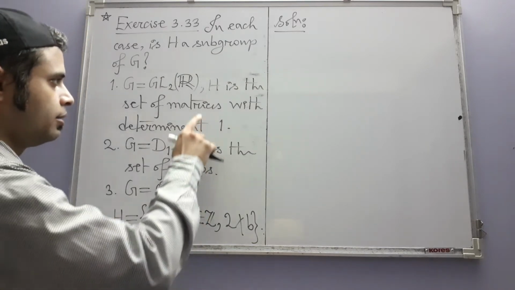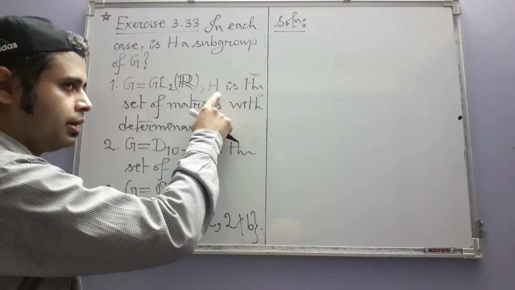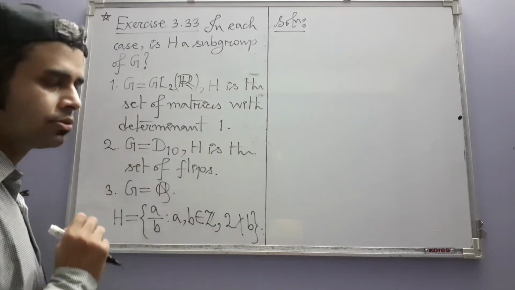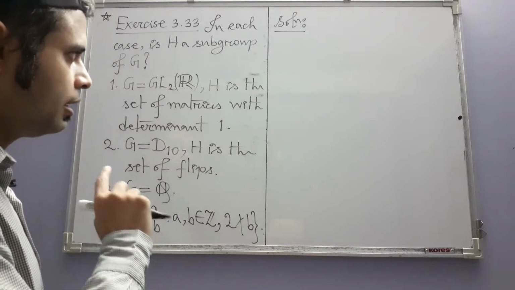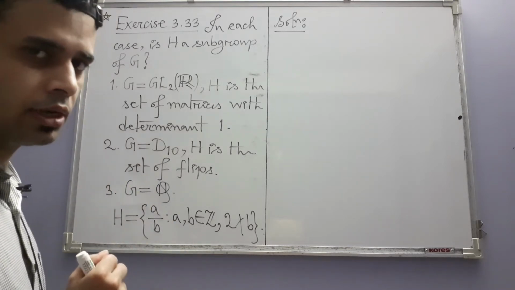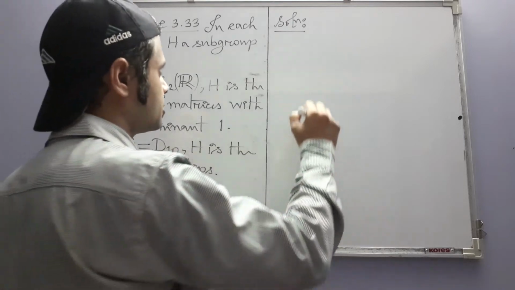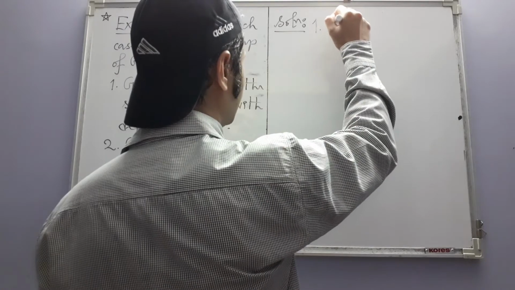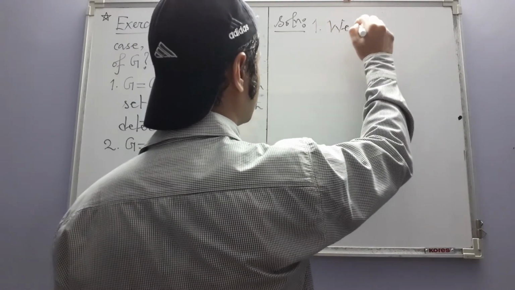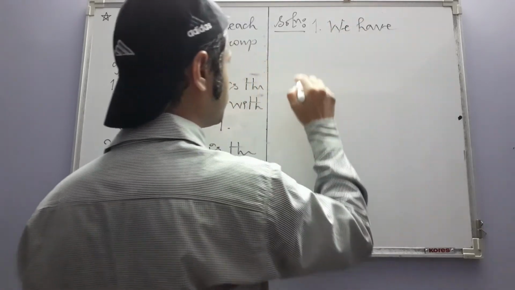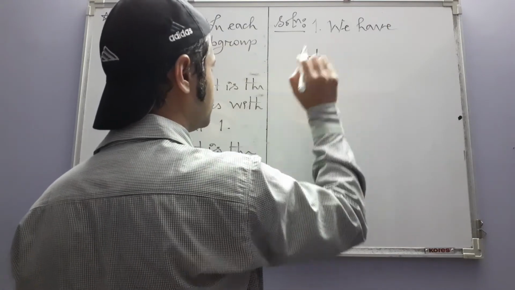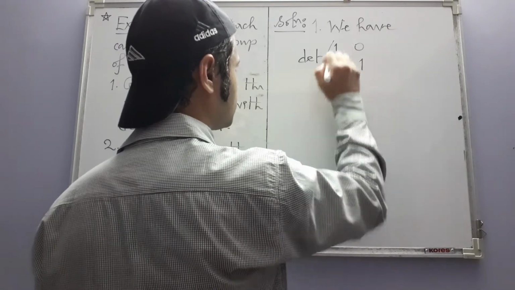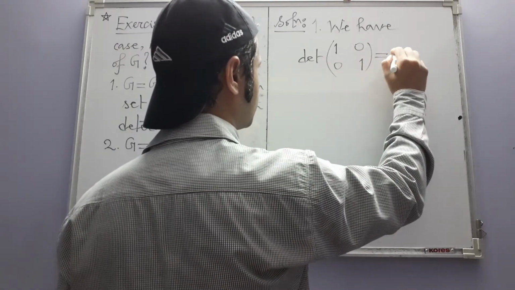The second thing is that if we take two elements from H, say matrices A and B, then their product AB should belong to H. And the third thing is that A inverse should also belong to H. So let's show these things one by one. We have the determinant of the 2 by 2 identity matrix equal to 1.